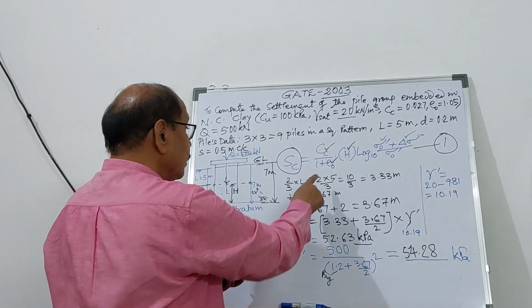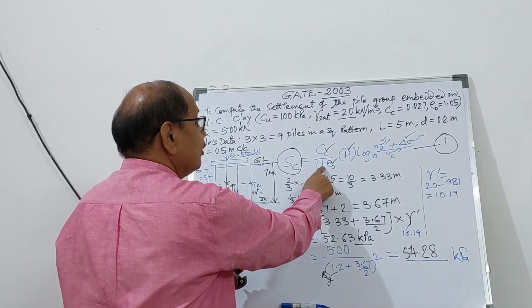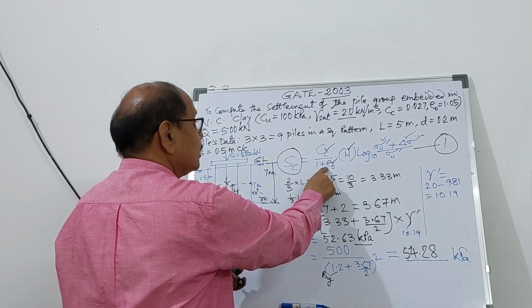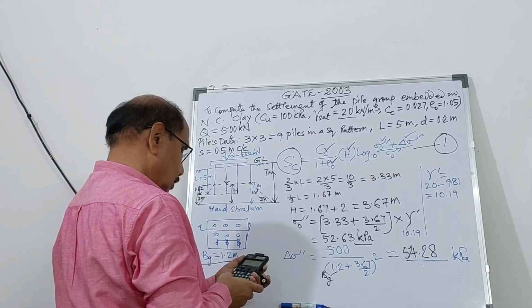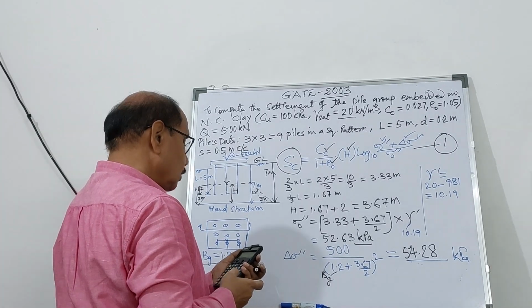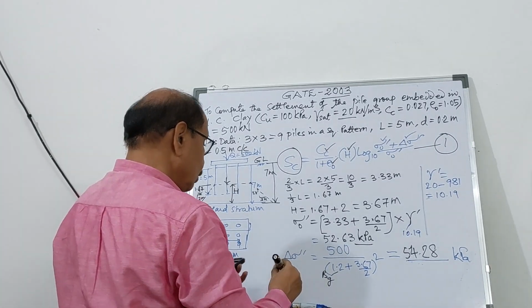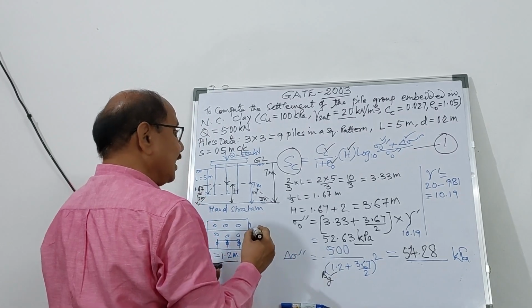Divided by 1 plus e naught. e naught is given to you. So this becomes 1 plus e naught, 2.05. This gives you the value of SC.